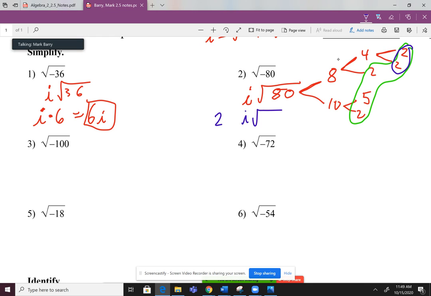I have twin 2s here and here. They're not from the same branch, but that's actually okay. As long as they're in that list of numbers that I didn't break down anymore, then I can take them outside, okay? All right, so we have another set of 2s going outside.